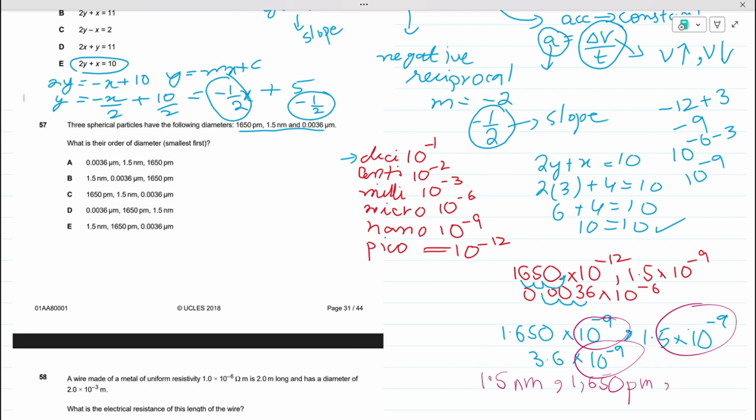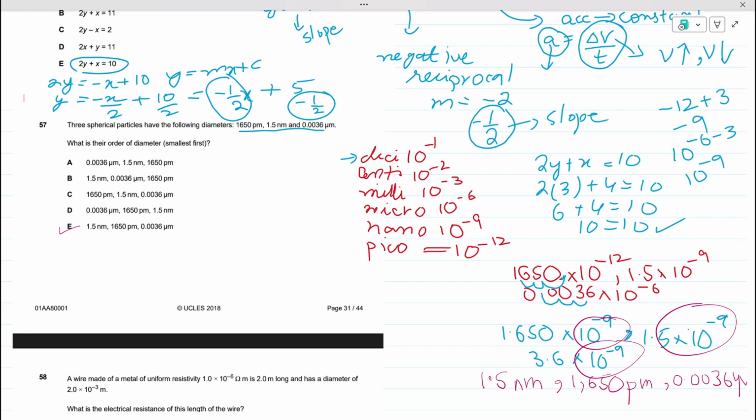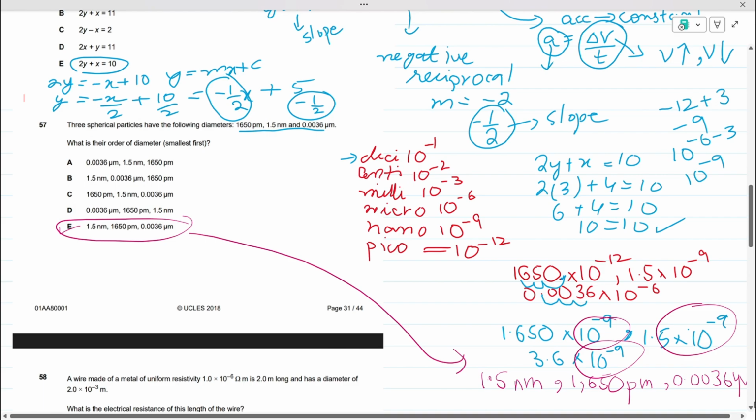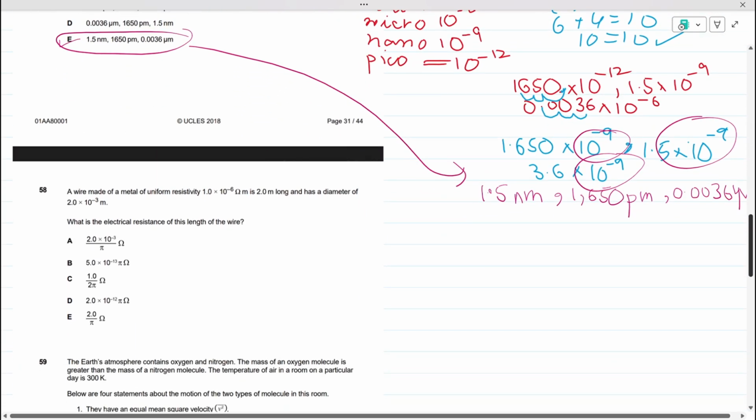Then the last value is 3.6, that I can write 0.0036, which is in micrometer. So this should be my answer: 1.5 nanometer, 1650 picometer, and 0.0036 micrometer. So E is the correct answer.